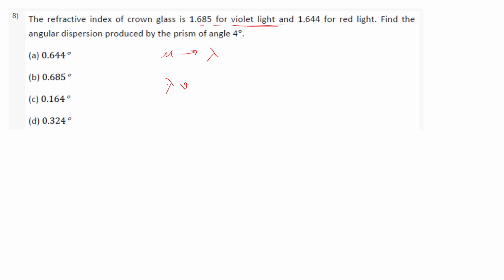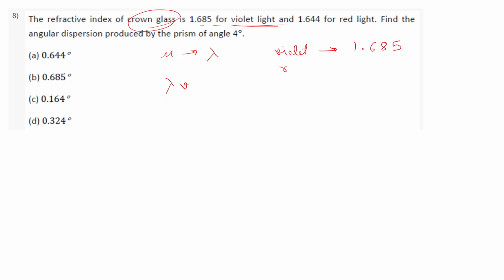This is the wavelength for violet light. For violet light, refractive index of some crown glass material is 1.685, and refractive index you know is a ratio, so it's unitless.